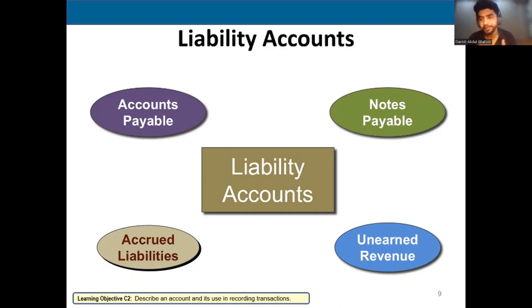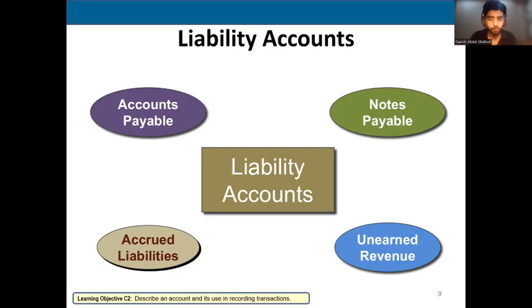Unearned revenue. I have taken the amount in advance for any service, but I haven't given my services yet. Let me give you an example of an airline. Suppose I am an airline, and someone has bought a flight ticket and paid in advance for it, as they haven't taken the service yet.